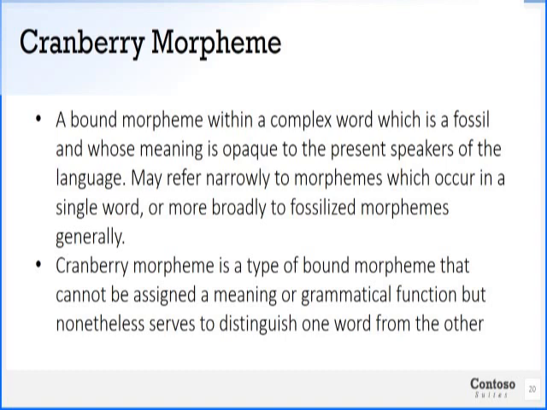It may refer narrowly to morphemes which occur in a single word, or more broadly to fossilized morphemes generally. Cranberry morpheme is a type of bound morpheme that cannot be assigned a meaning or grammatical function, but nonetheless serves to distinguish one word from the other. So the function here is to distinguish one word from another word.